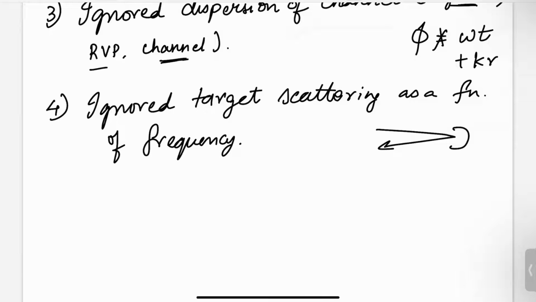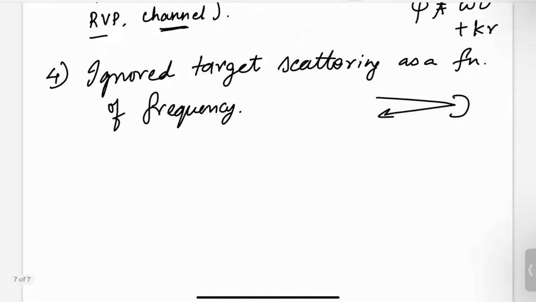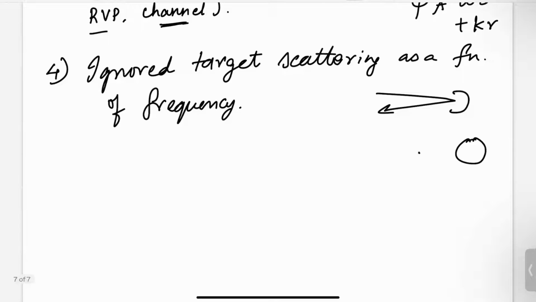For example, you can look at the scattering response of a sphere as a function of frequency. It's called the Mie scattering solution. So that's not always linear, right? You have the creeping wave, and for different frequencies, the backscatter can get canceled. So you may not have a linear response with frequency. All of that we've sort of ignored.